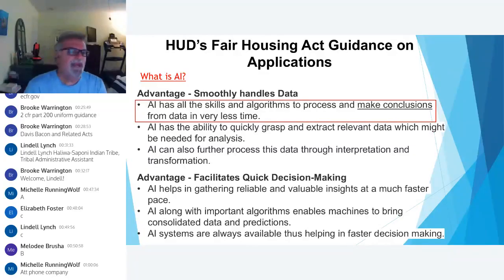Quick decision making, yes, because it has all the information it needs instantaneously, usually. AI has the skills and algorithms to process and make conclusions. That's the scary part, to make conclusions from data in very little time. Well, in microseconds, split seconds, because it has access to billions of pieces of data, all those dictionaries and encyclopedias, the world's knowledge for the most part, in all the languages, dead or alive, instant.